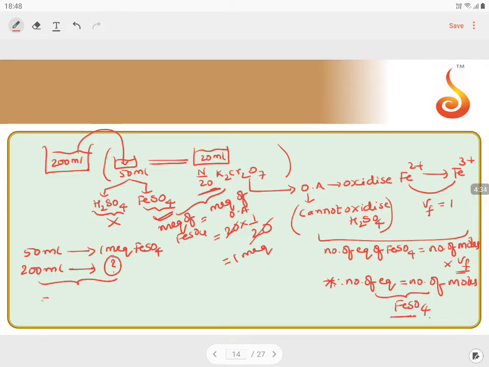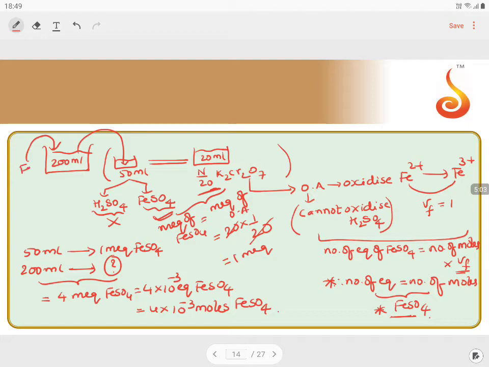This clearly indicates 4 milliequivalents of FeSO4, which is 4 into 10 power minus 3 equivalents, and so 4 into 10 power minus 3 moles of FeSO4. Now the question is, how much iron is added?